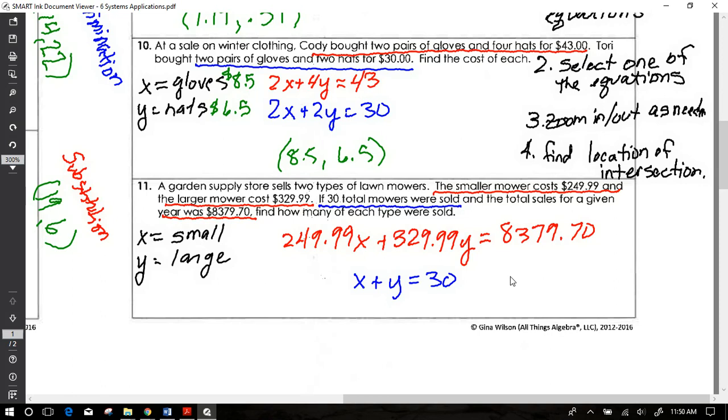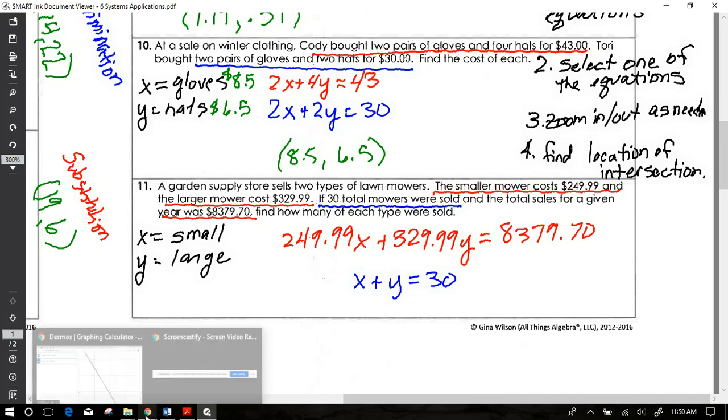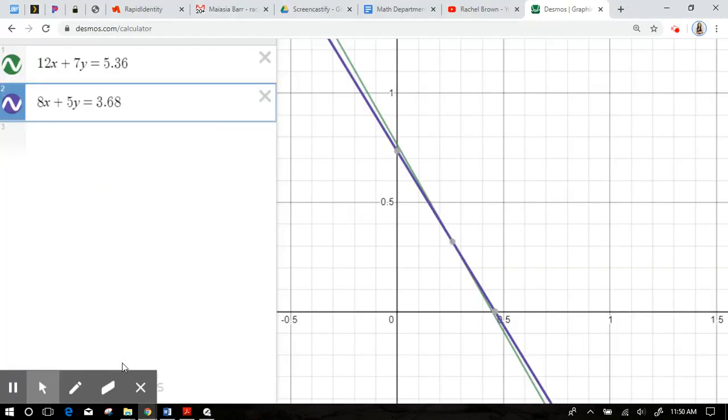All right. So now we're ready to go type this into the Desmos calculator. And I have to tell you that with a problem like this, with how large these numbers are, I'm really glad that we have the Desmos calculator to fall back on. Okay.